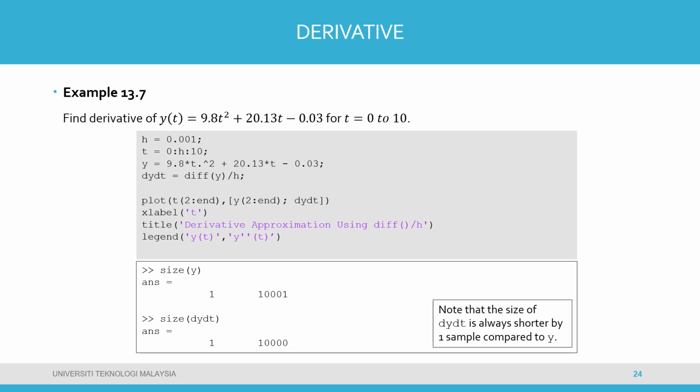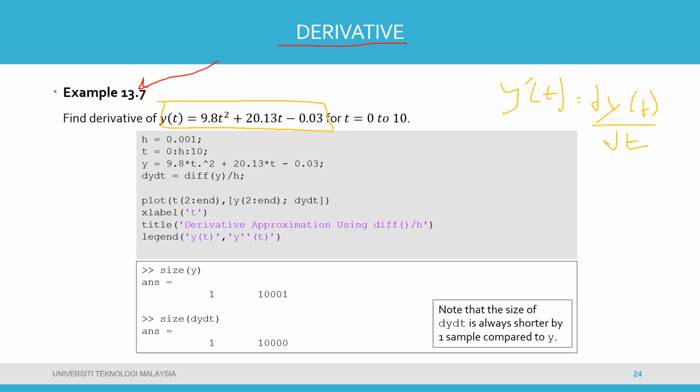So we look at the derivative example, which is example 13.7. You have a function here, and you want to differentiate the function. So y'(t) is basically dy(t) over dt.